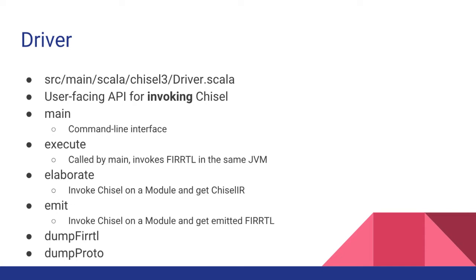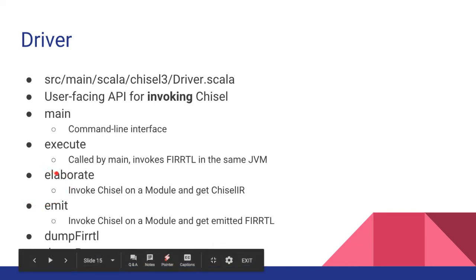It has execute, which is what's called by main, and this invokes FIRRTL in the same JVM. This is convenient if you're trying to just run Chisel and FIRRTL, but if you need to break it down, like what Rocket Chip does, where it emits the .fir file and then actually compiles it, invokes FIRRTL in a separate JVM, they don't use execute, but that's something you can use.